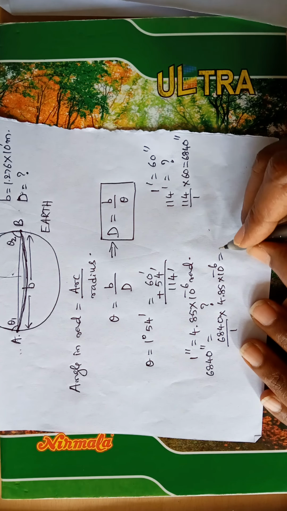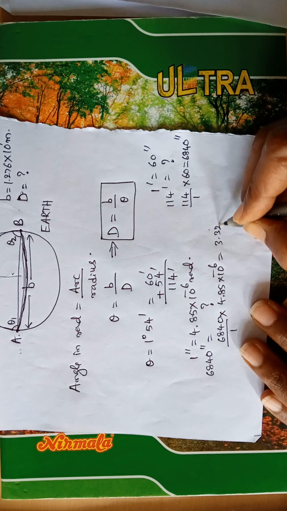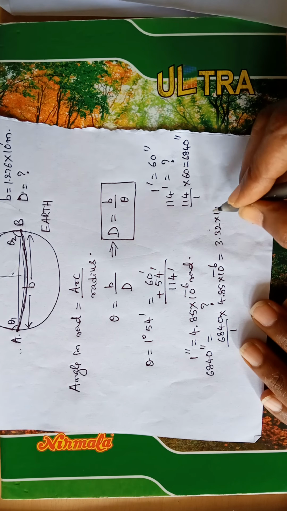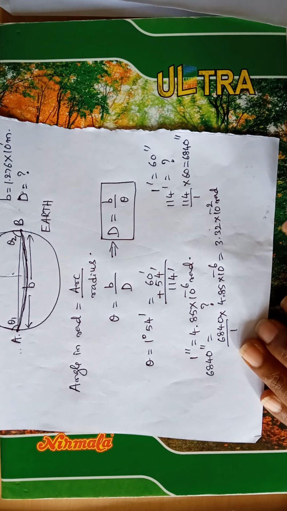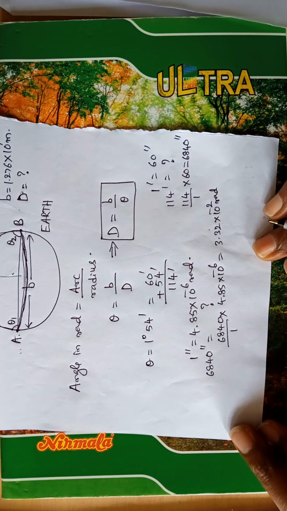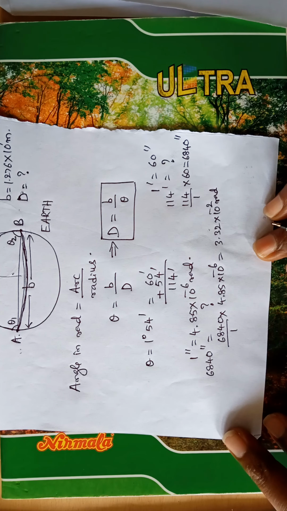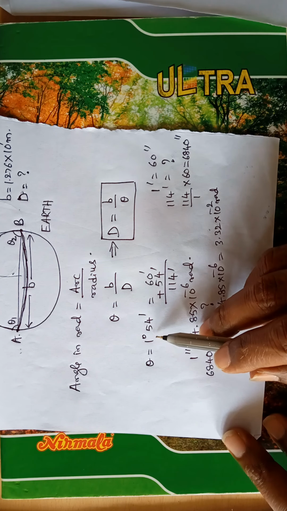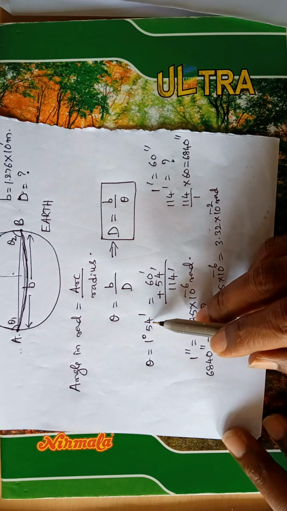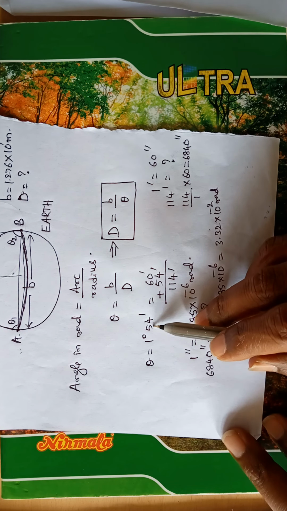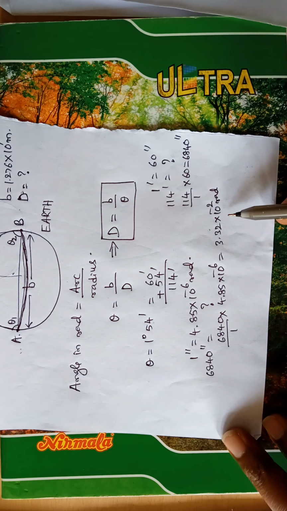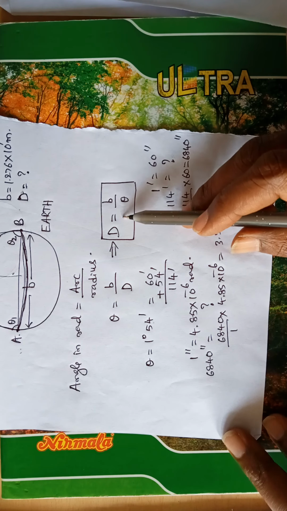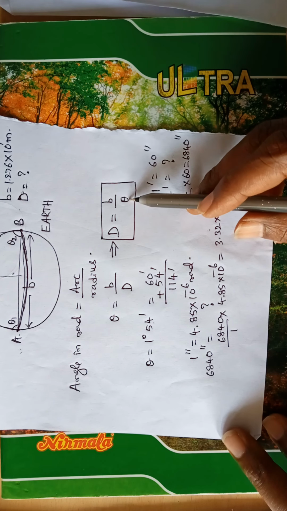That is equal to 3.32 into 10 power minus 2 radians. So ultimately you converted the given angle, which is in degrees and minutes, into radians. Now theta value is in radians. You can use this formula only when theta is in radians.